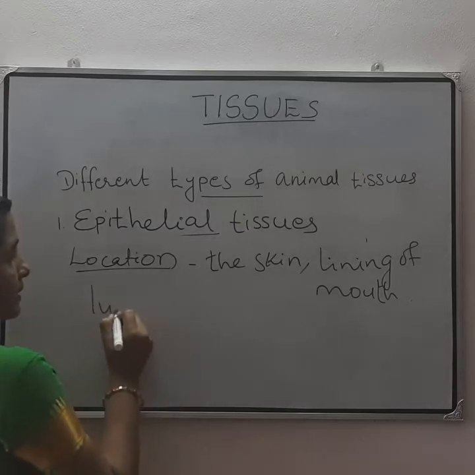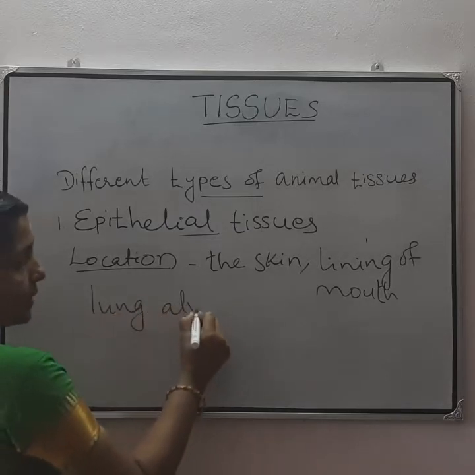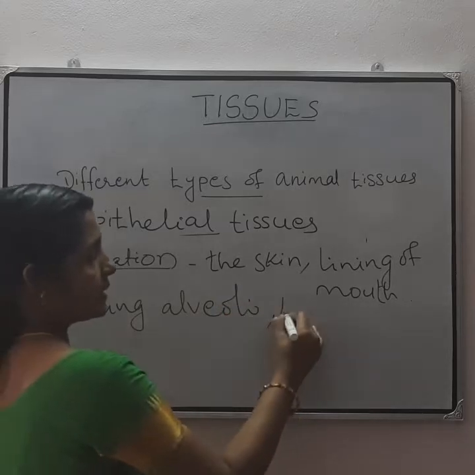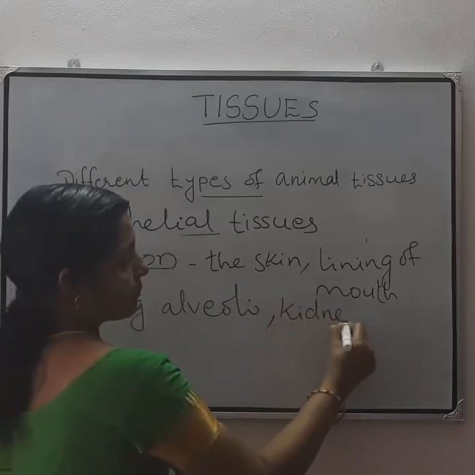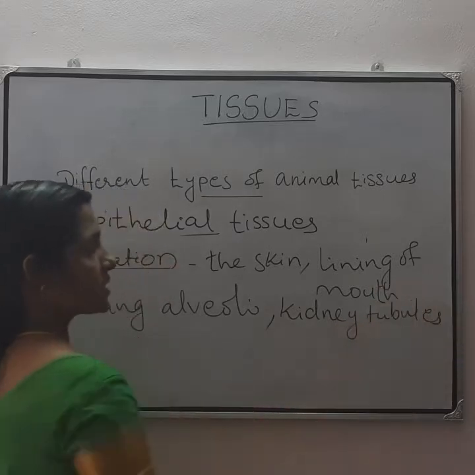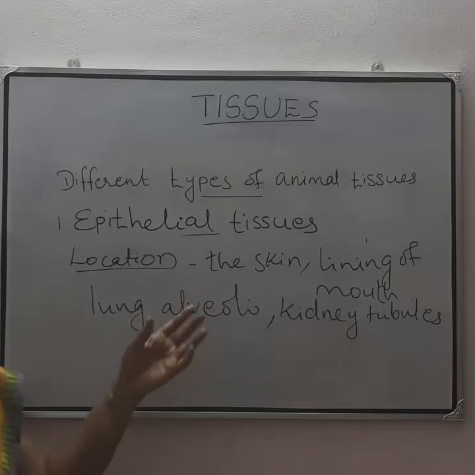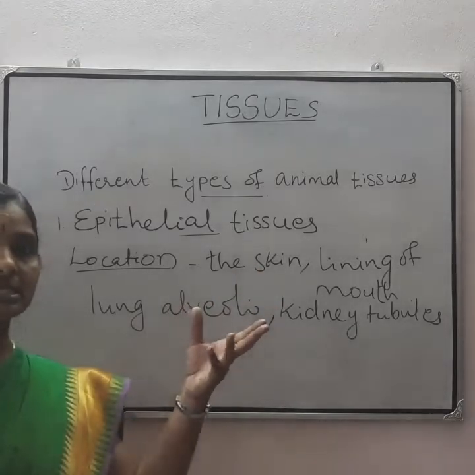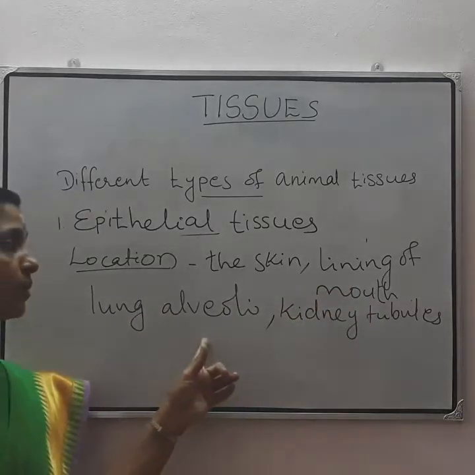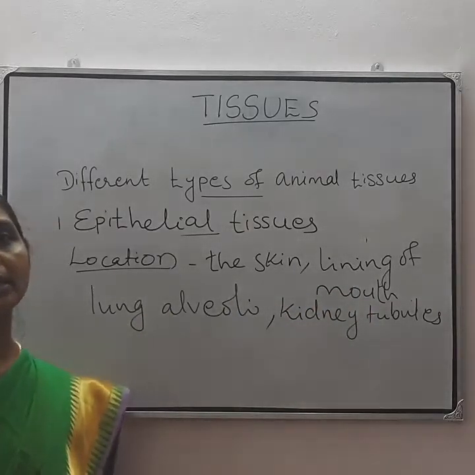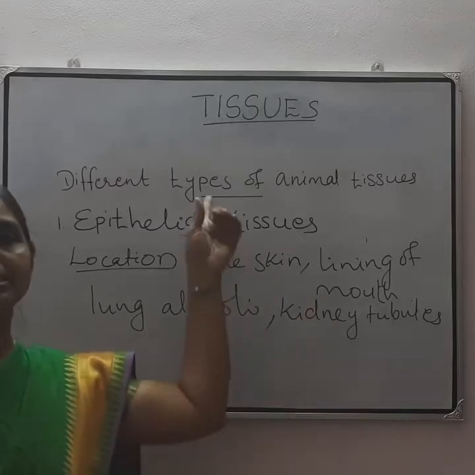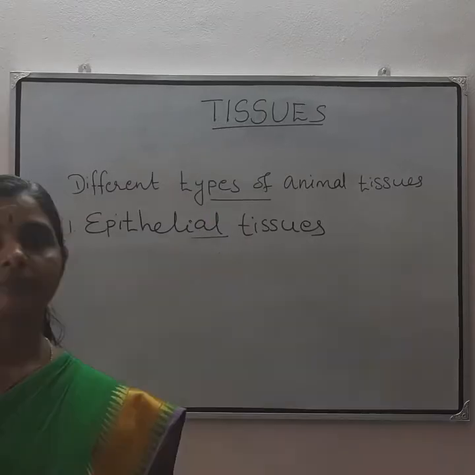Then they are present in the lung alveoli, then in the kidney tubules. So they are present on the skin, in the lining of the mouth, in the lung alveoli, and also in the kidney tubules. In these areas we can see these epithelial tissues.